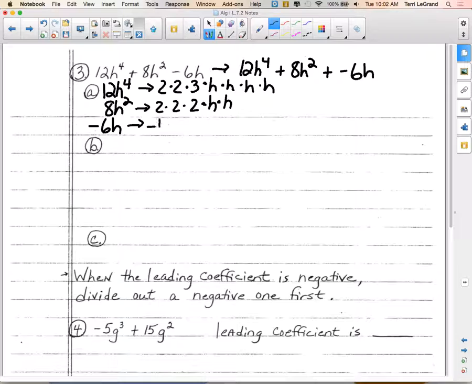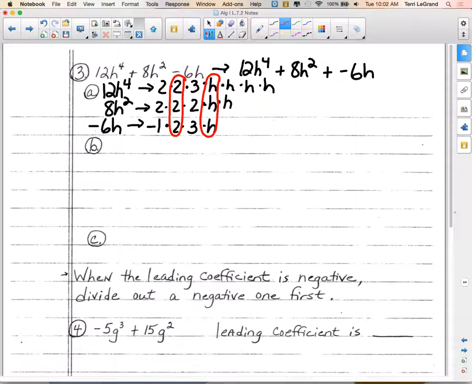Well, let's take care of the negative with a negative 1 first of all. 2 times 3. And times 1 factor of h. Now, we're ready to say, okay, what do they all have in common? What do they have the same? They have a 2 in common, okay. They have an h in common.